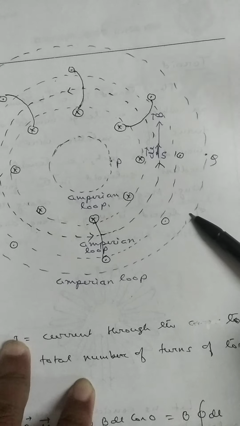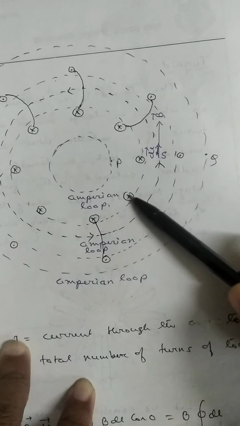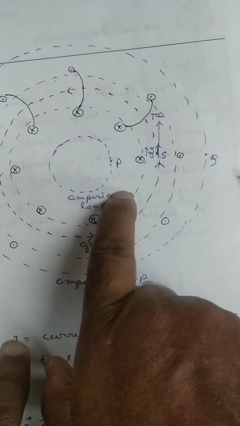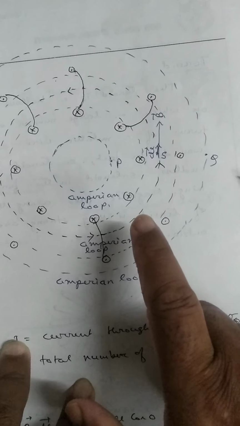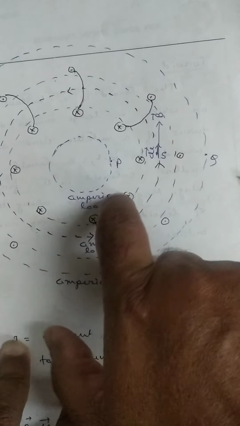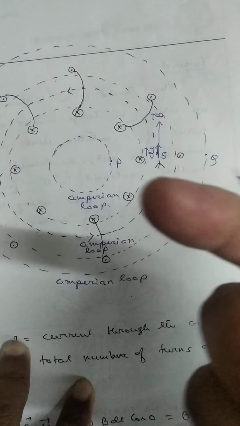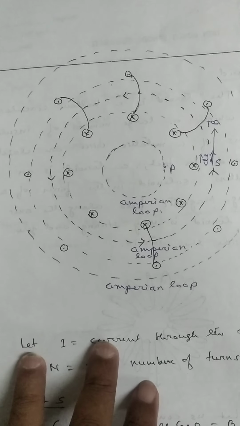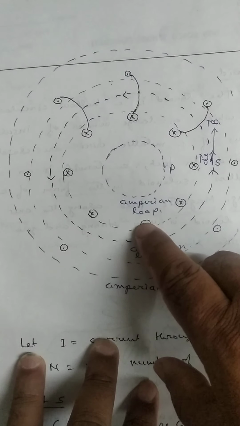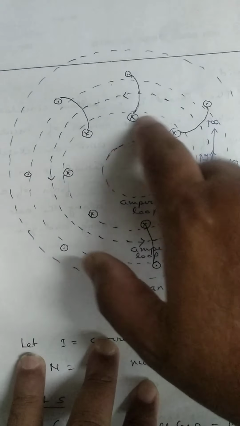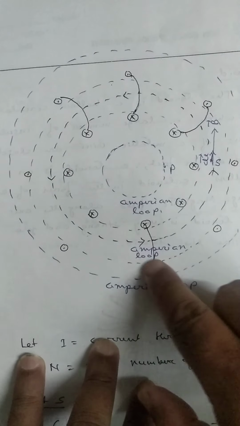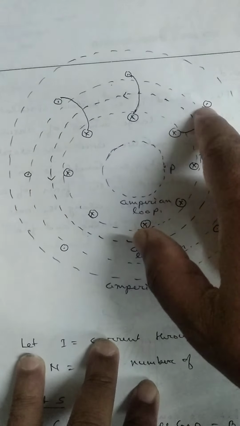But now what is the current enclosed by this Amperian loop? Inside this Amperian loop there are two wires. One current enters the plane of paper and one current comes out of the plane of paper. This current enters the plane of paper and this current comes out of the plane of paper. Equal number for every wire.